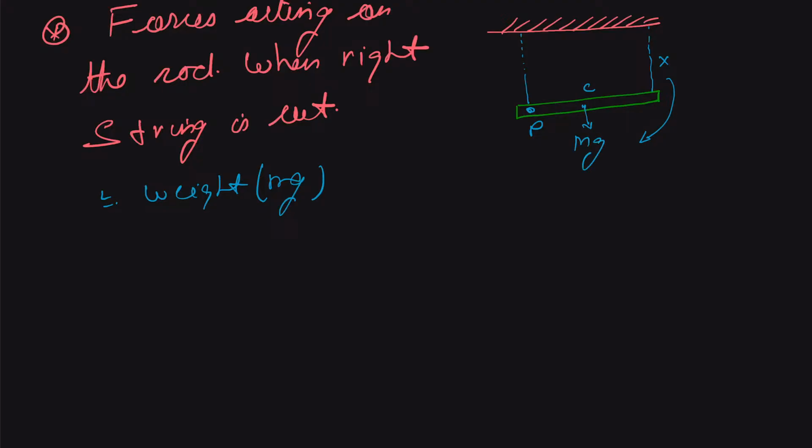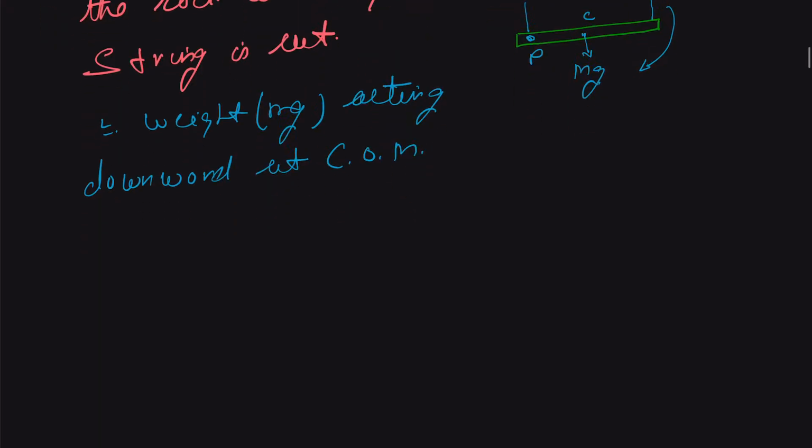So we have weight mg acting downward at center of mass, and the second one will be tension T in the left string acting upward.